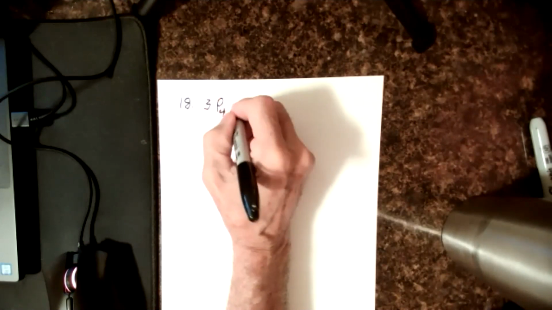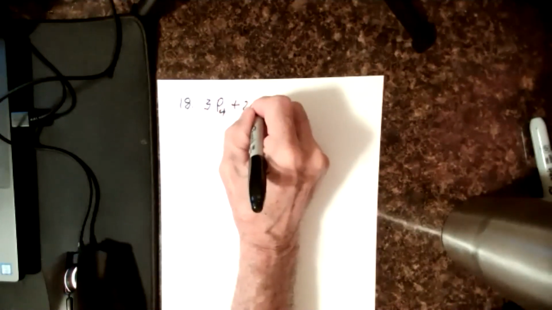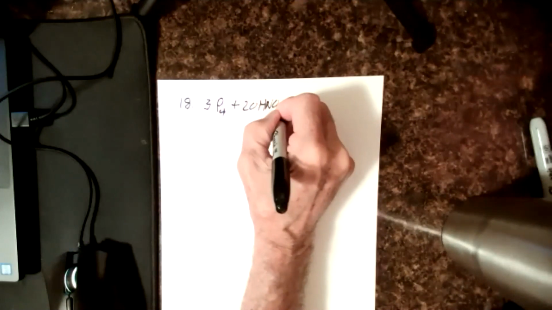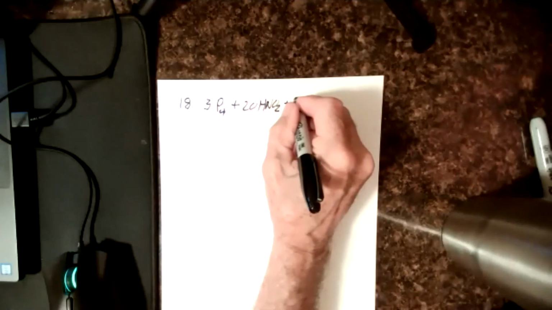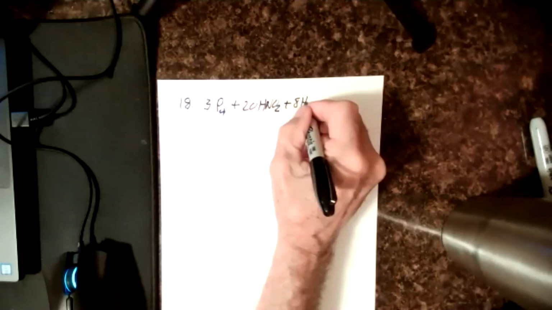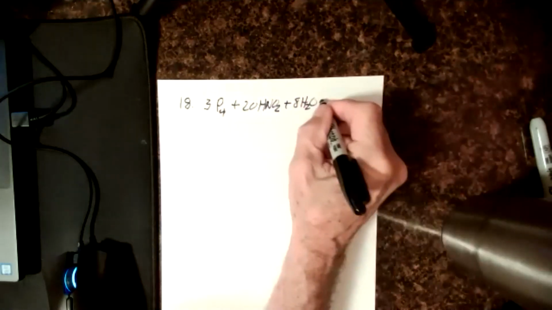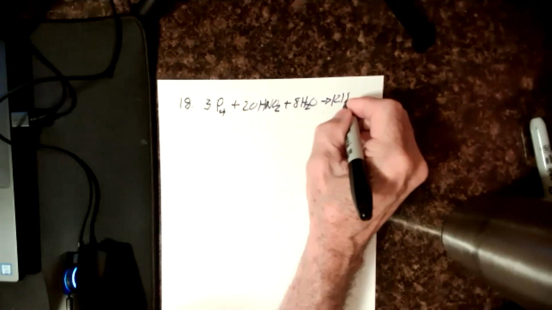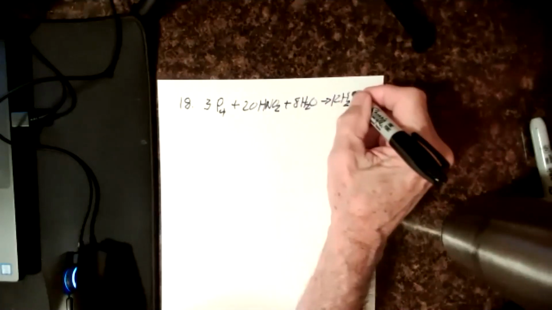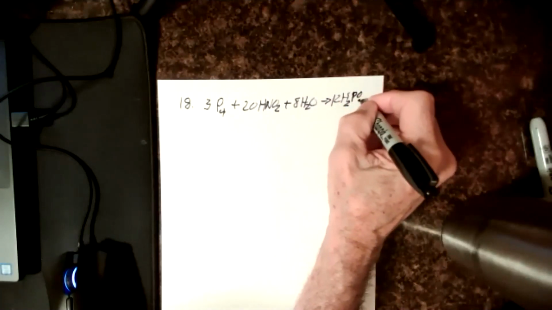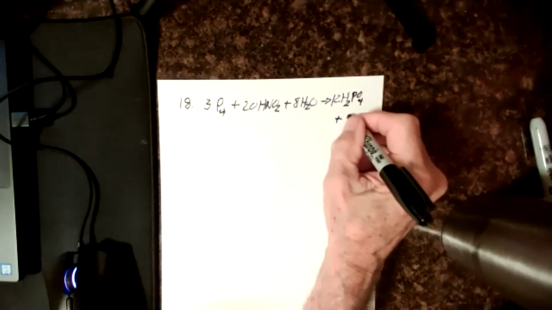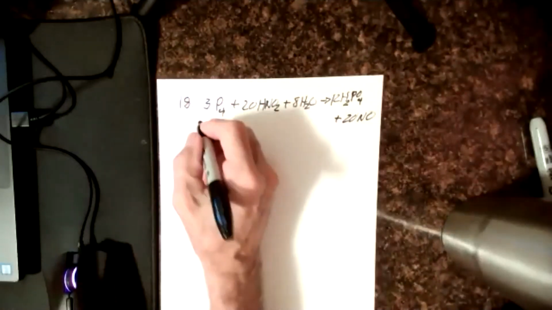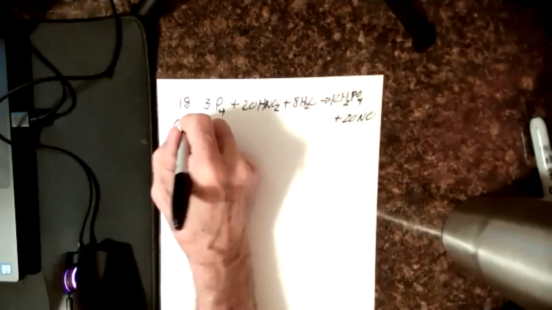It's P4 and 20 HNO2s and 8 waters, and it's going to go to 12 H2PO4s and 20 NOs. Okay, and what we're asking for is oxidized and reduced.